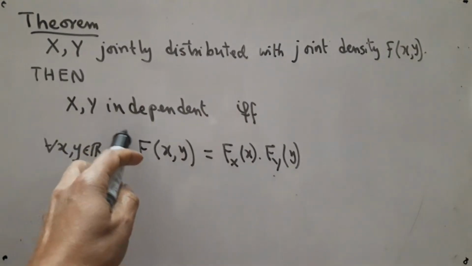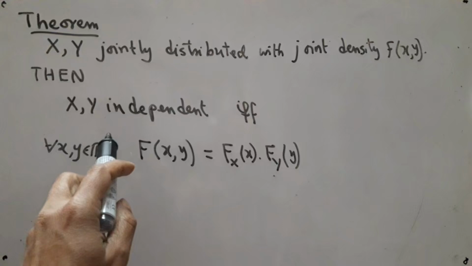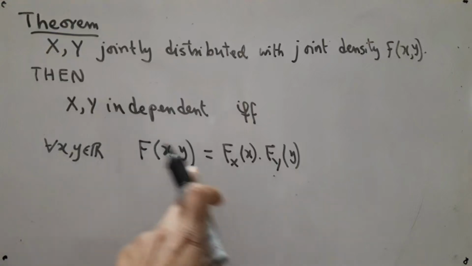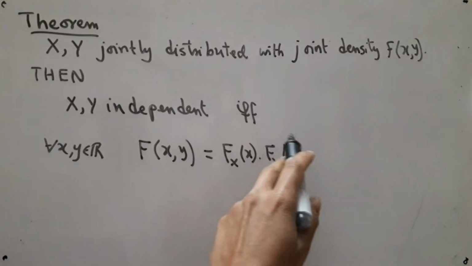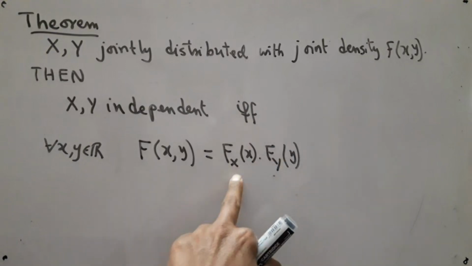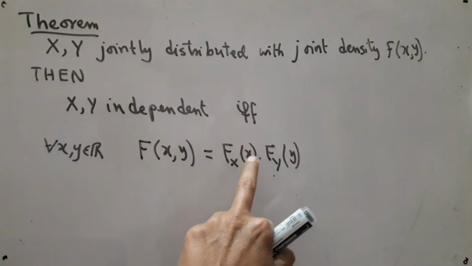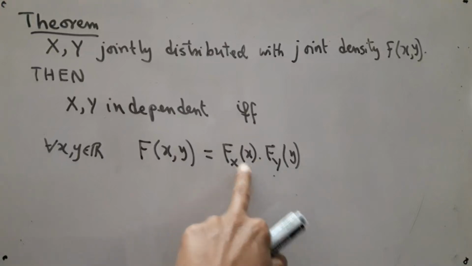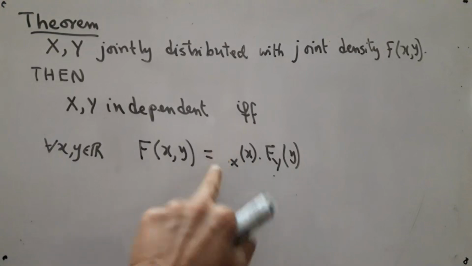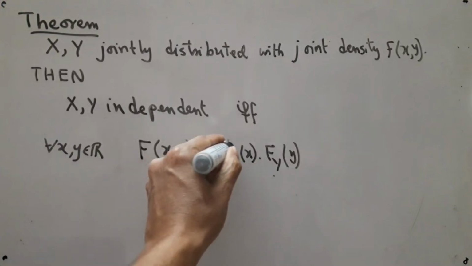Once I partially differentiate this with respect to x, what do I get? This behaves as a fixed quantity because it does not involve x. The partial derivative only applies to this, where it becomes just the usual derivative. So when you differentiate this, you get the marginal PDF.